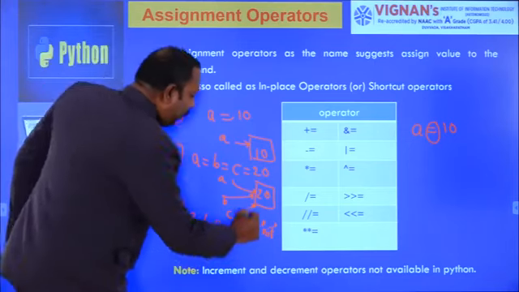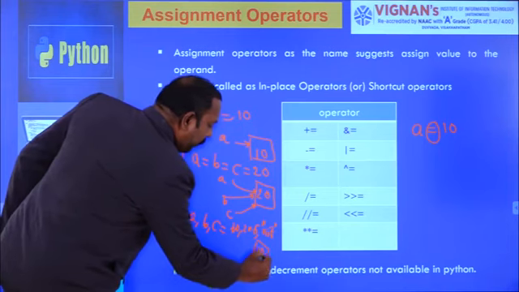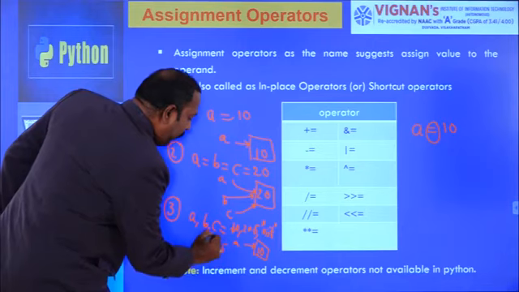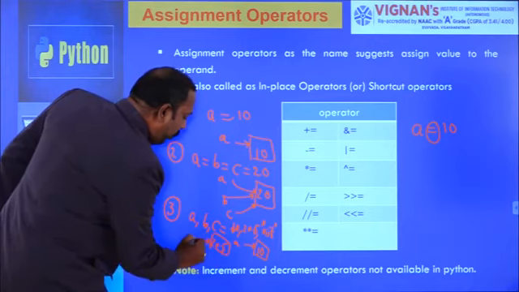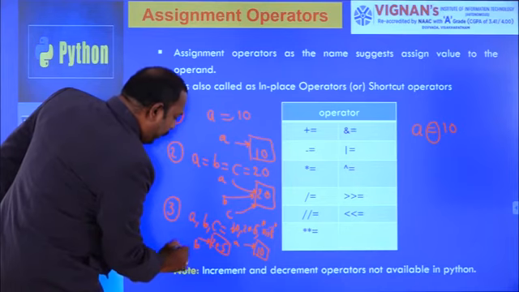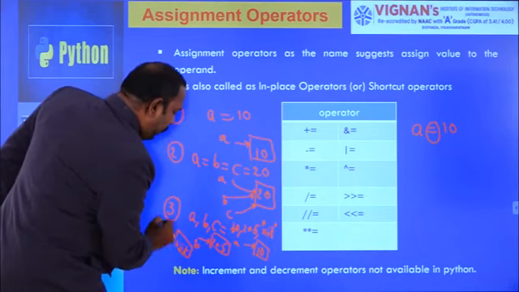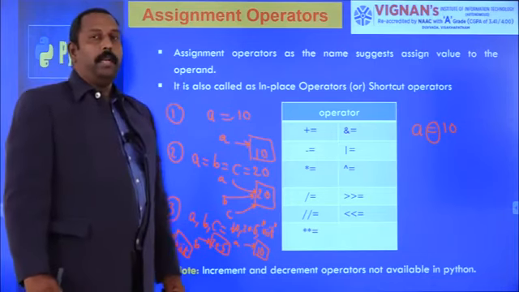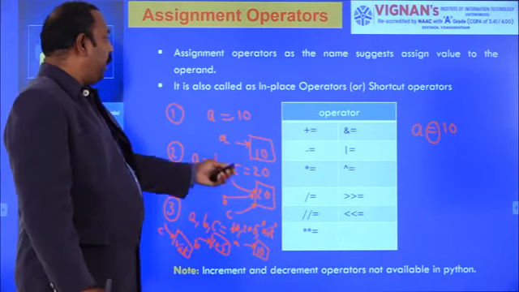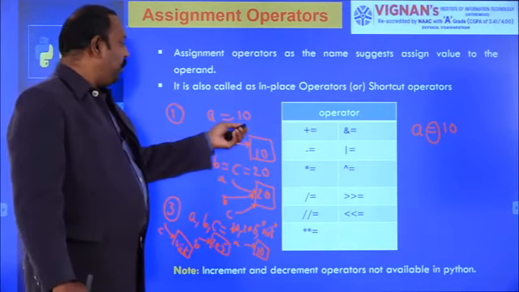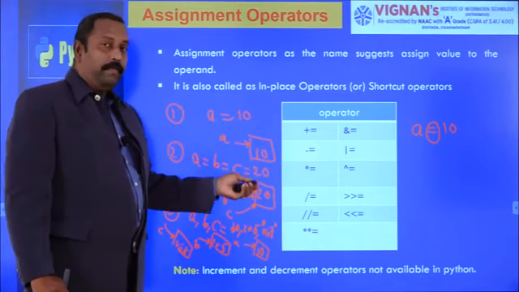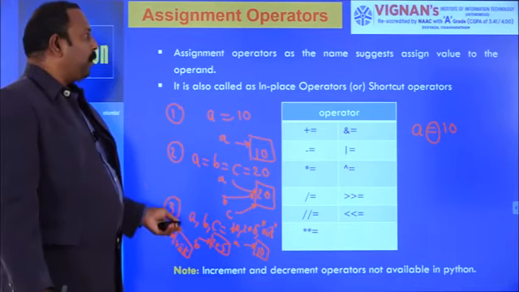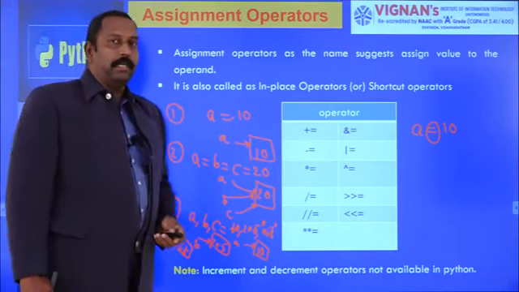That means 10 will be created in memory and a is pointing to 10, 20.5 will be created in memory and b is pointing to 20.5, and VAIT will be created in memory and c is pointing to VAIT. This is also allowed in Python. So this is method 1, single object to a single variable, then single object to multiple variables, and multiple objects to multiple variables. This is about assignment operators in Python.